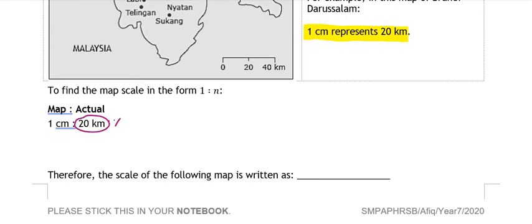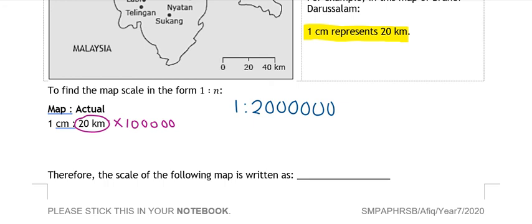So let's convert 20 kilometers into centimeters, because 1 kilometer is 100,000 centimeters. So here you can write it like this: 1:2. How many zeros are there? 1, 2, 3, 4, 5, 6. So 2 and then 0, 6.